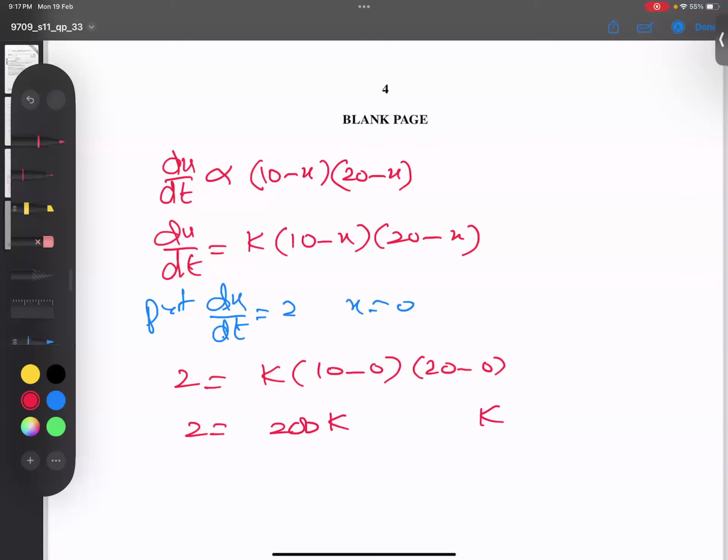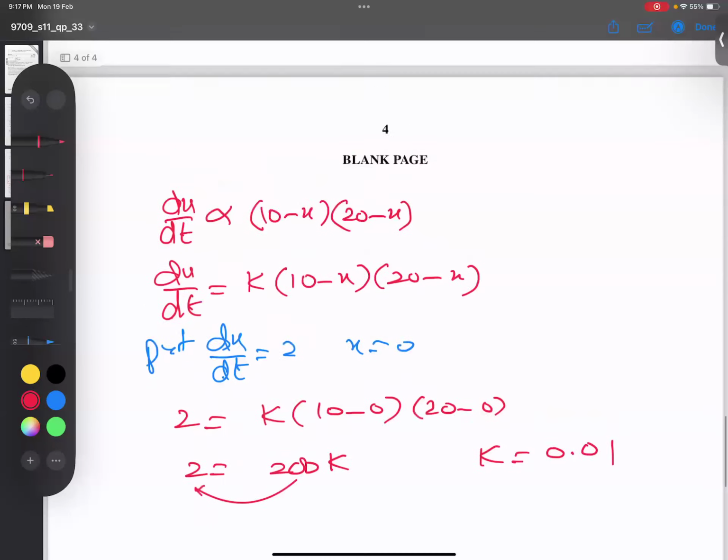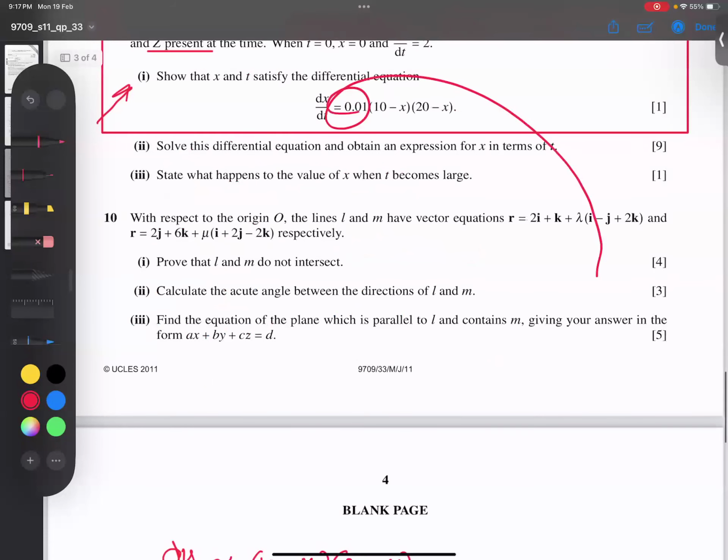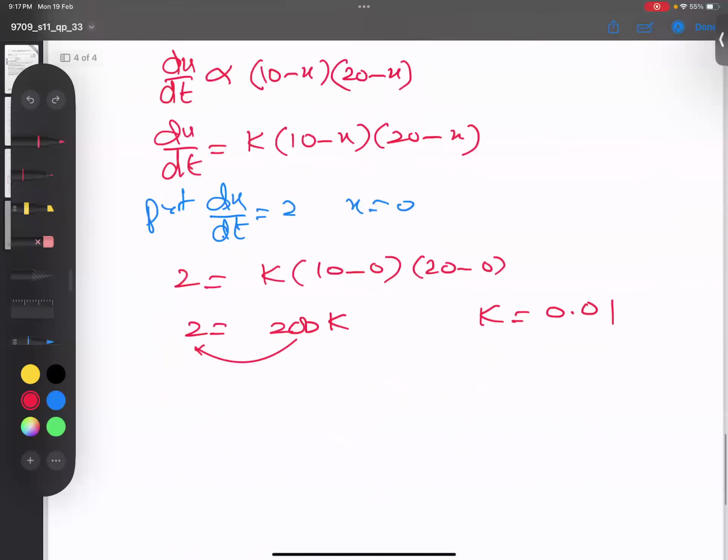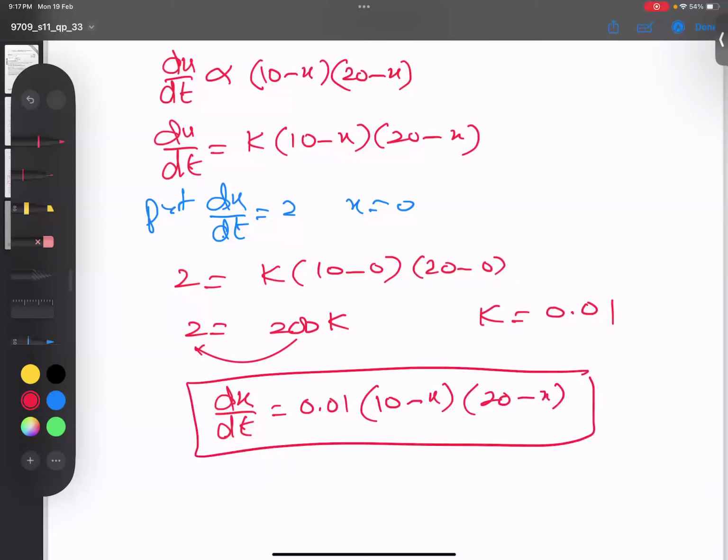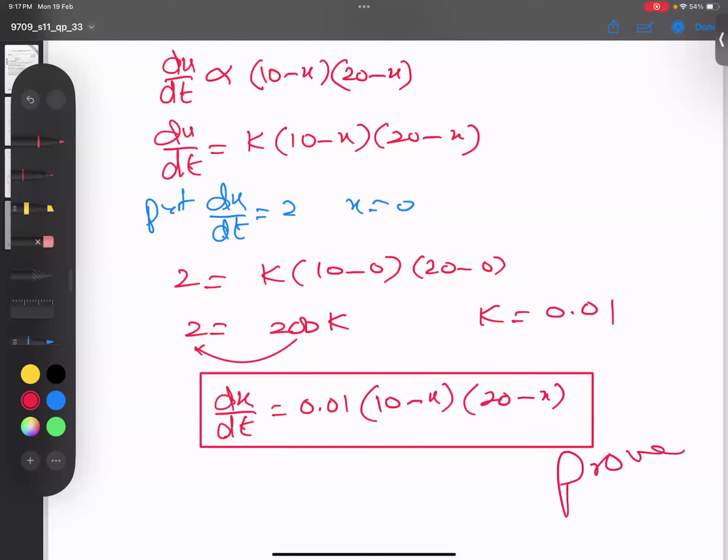This goes down under it and divides, and I get k equals 0.01. If we check, the same numbers come here. Plugging this value back in the equation, dx by dt is 0.01 times 10 minus x times 20 minus x. So proved. I believe this part is very clear.